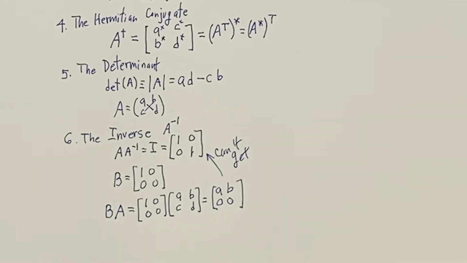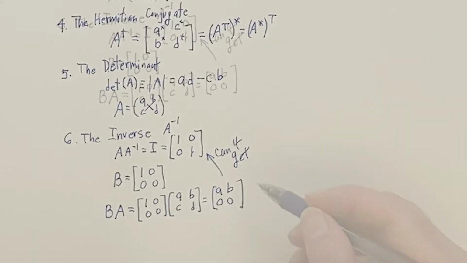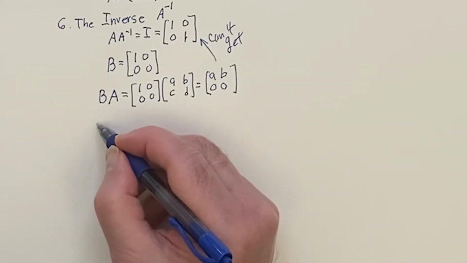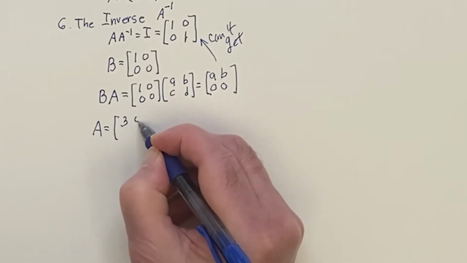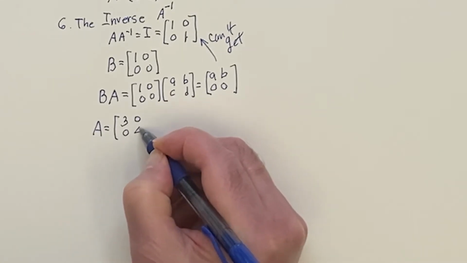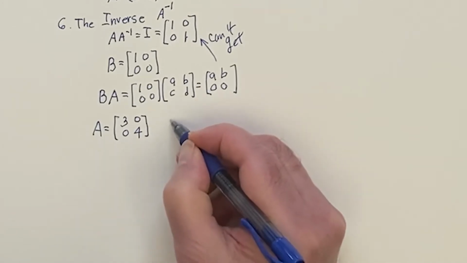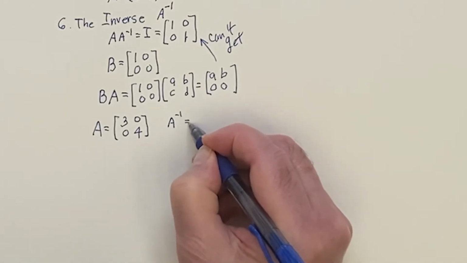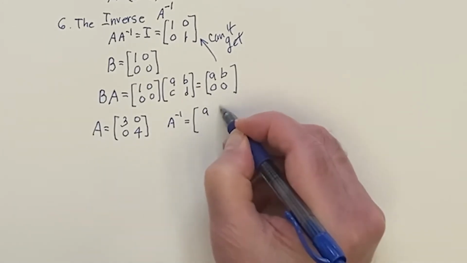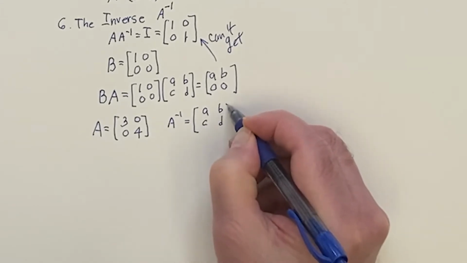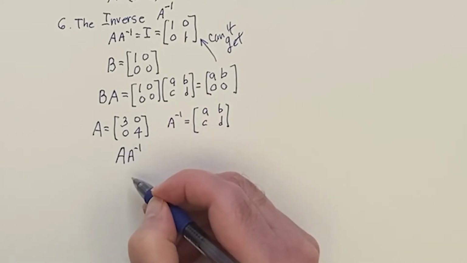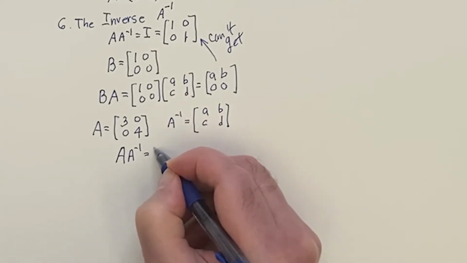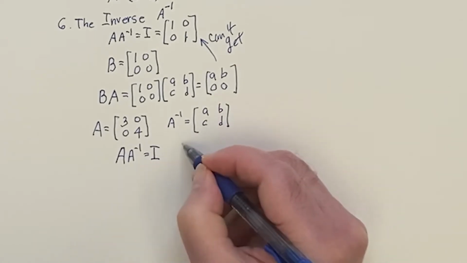Let's look at a couple cases. Let's say we have the matrix 3, 0, 0, 4, and we want to find an inverse for that. So we'll put A, B, C, D. We want A times A inverse to be equal to the identity element.